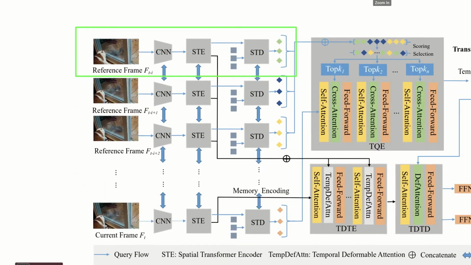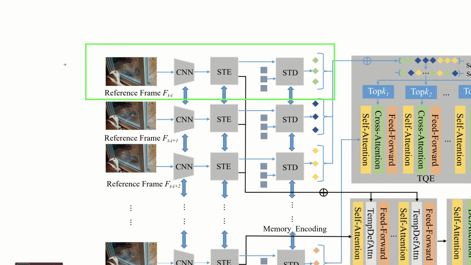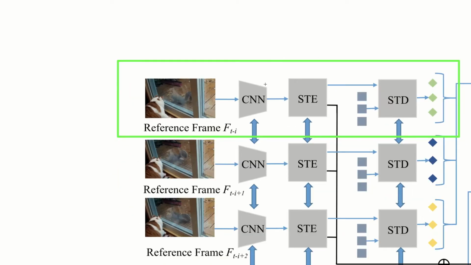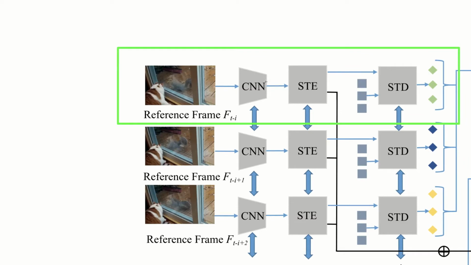Starting with that, we have one image here, this goes through this CNN backbone. So we want to get some features or a feature map for this image.